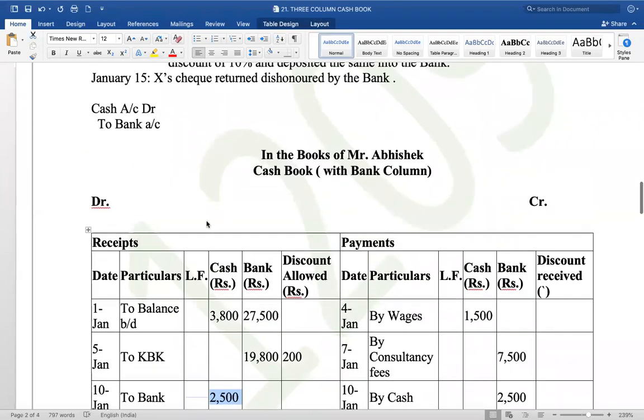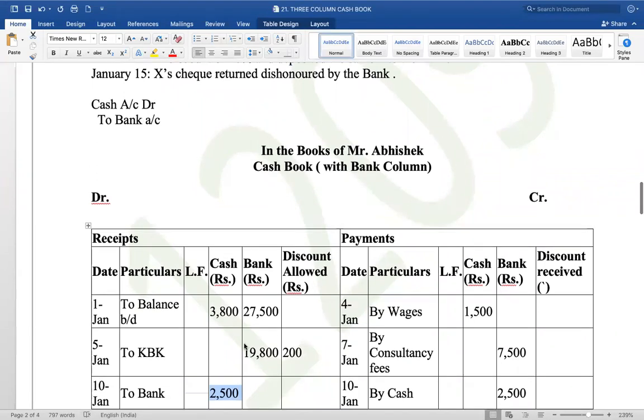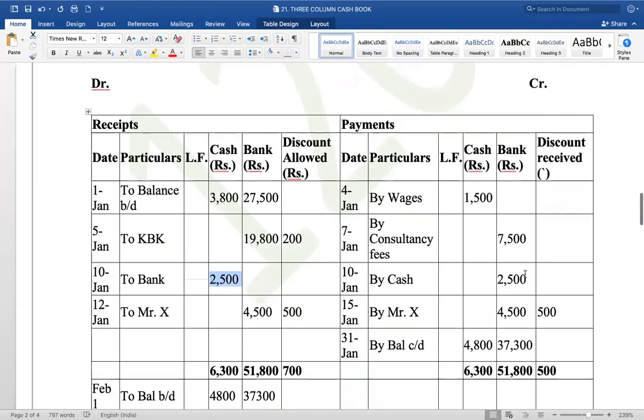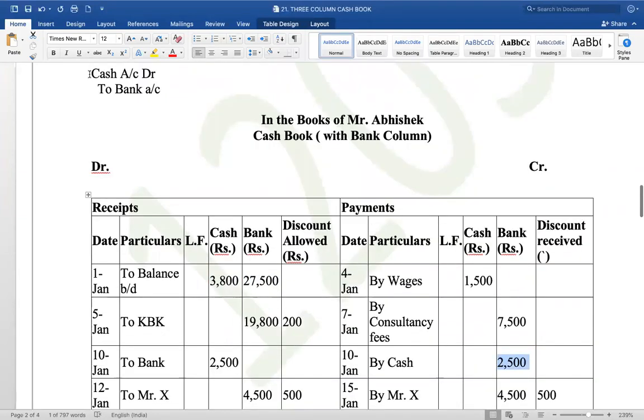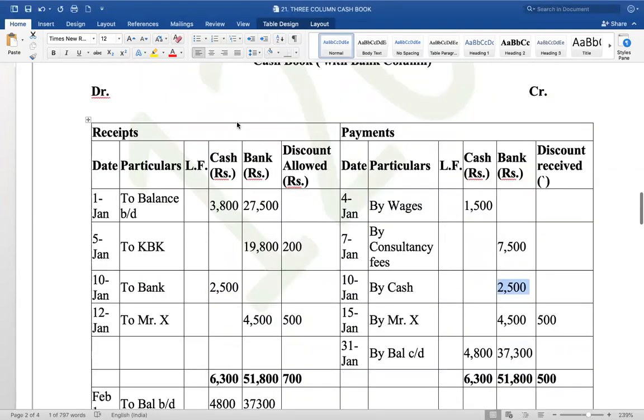Then what about the bank account? Credit. That's what we did. And here, cash account debit to bank. Here we have written cash account debit to bank, and on the credit side, by cash.